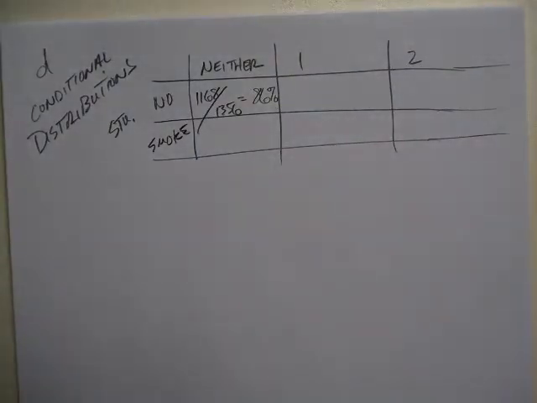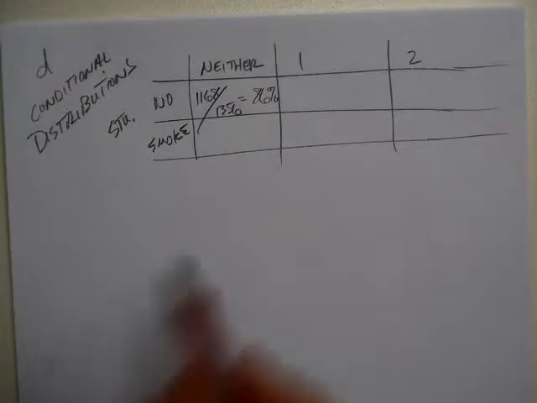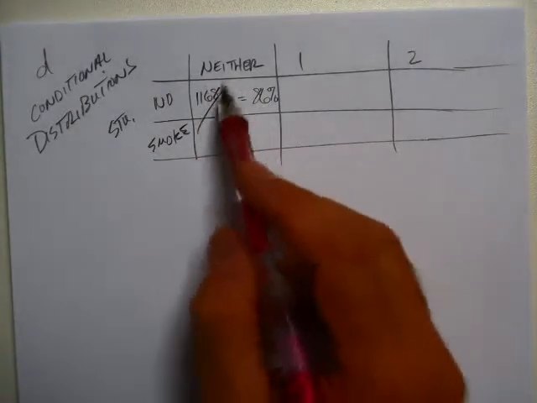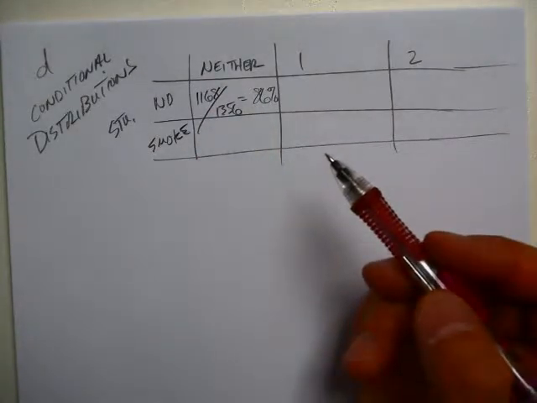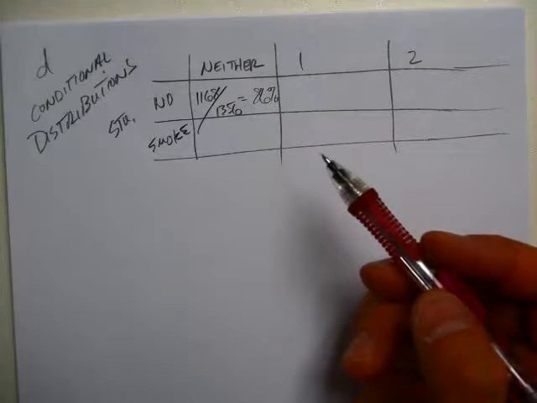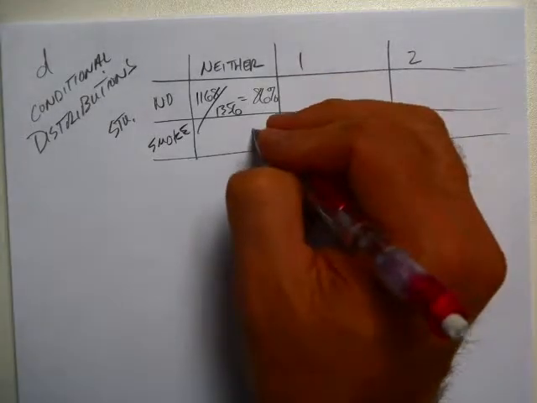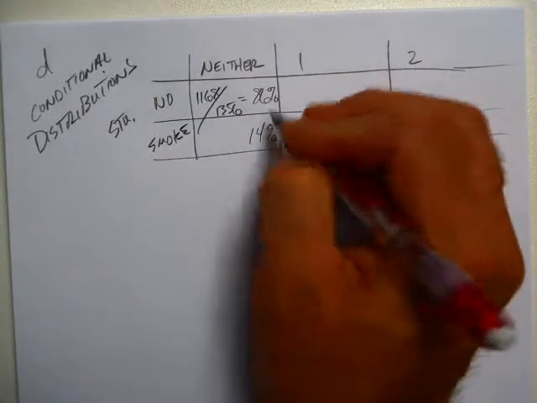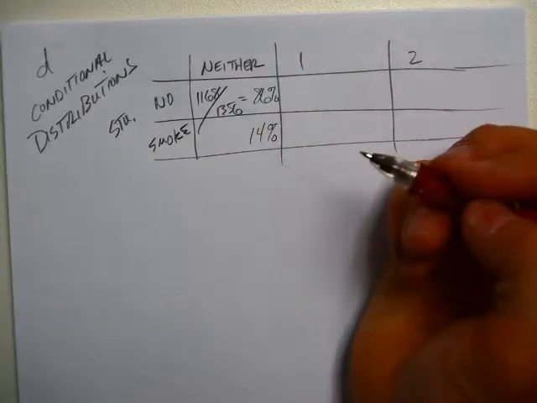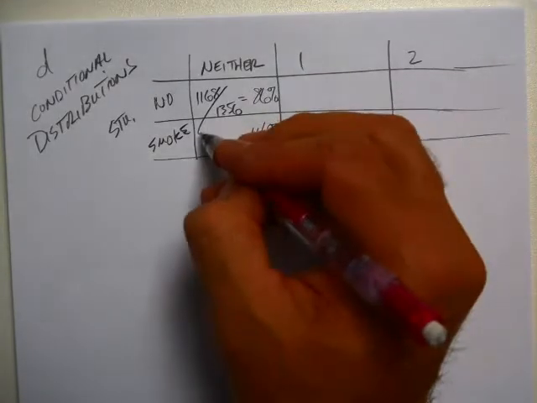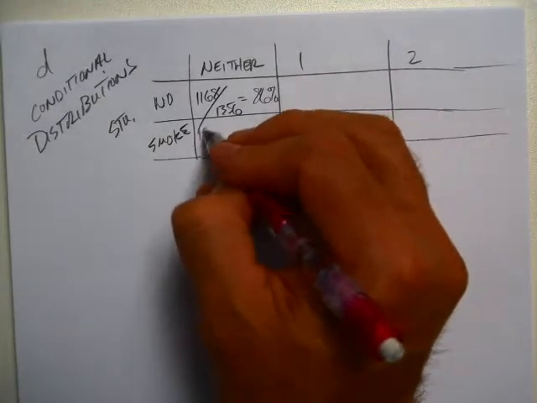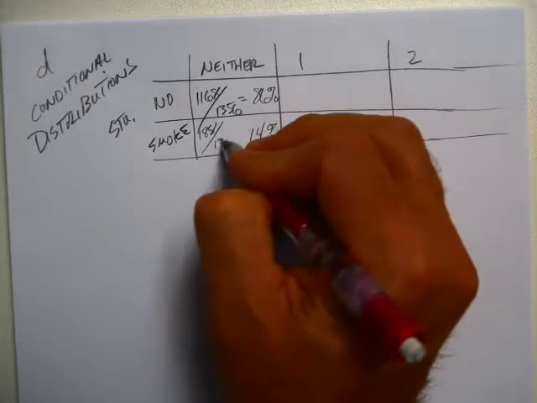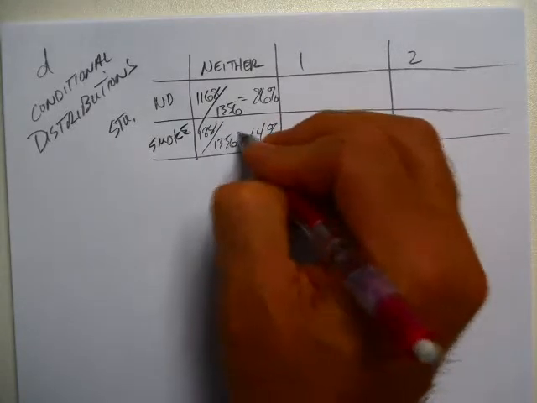And if this is 86%, what percent of the students smoke where neither parent smokes? Yeah, 14%, right, Sydney? Yeah, I agree. So this is going to be 14%. It's 100 minus the 86, or 188 divided by the 1356. Okay.